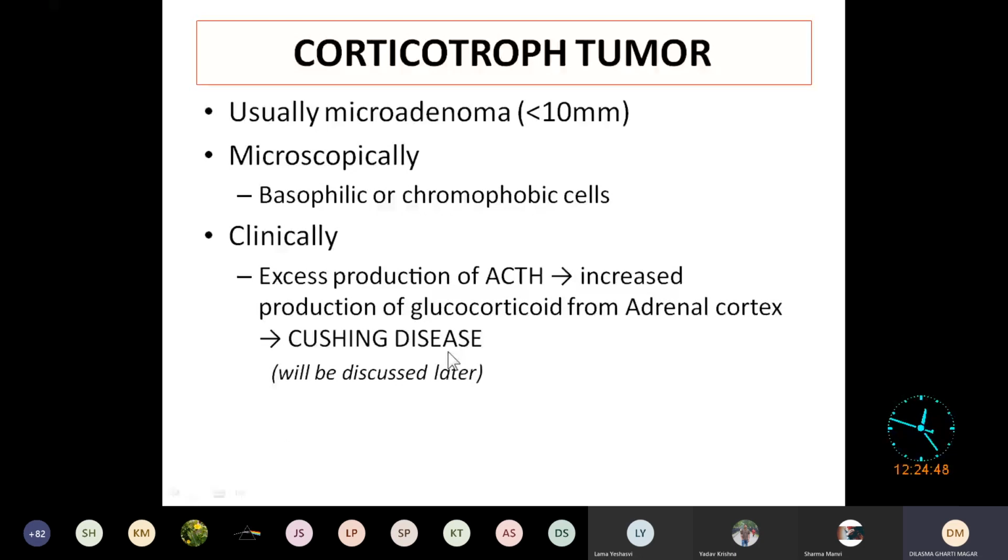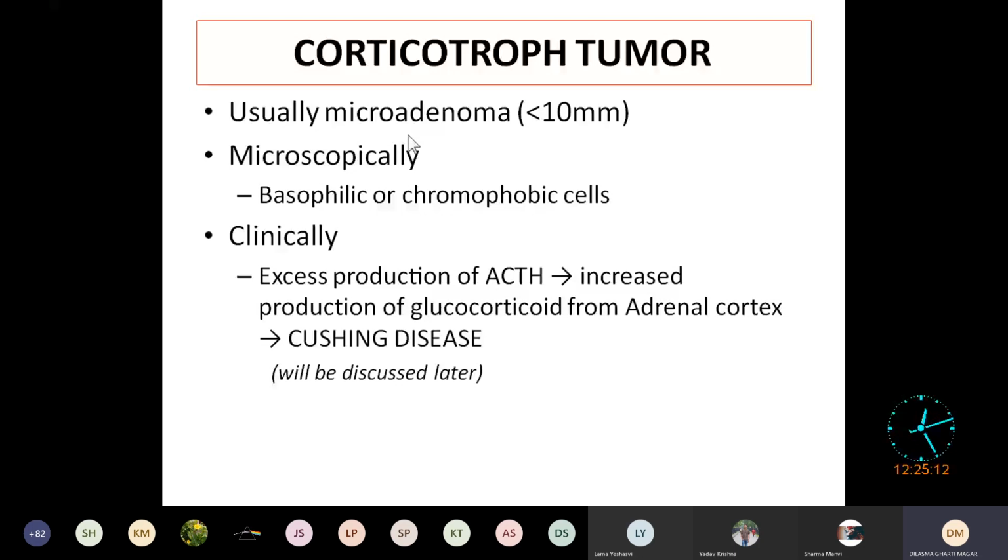Understood here? So we'll once again repeat this corticotroph tumor. These are microadenomas, smaller in size, but both the prolactinoma and the somatotroph cell adenoma were macroadenomas. Now the corticotroph tumor has basophilic and chromophobic cells. The previous two had acidophilic or chromophobic cells, isn't it so?